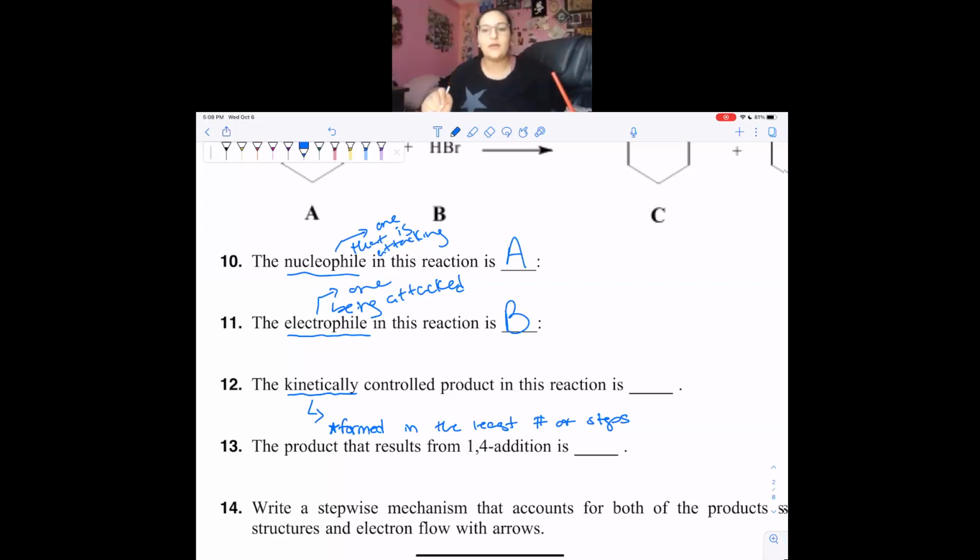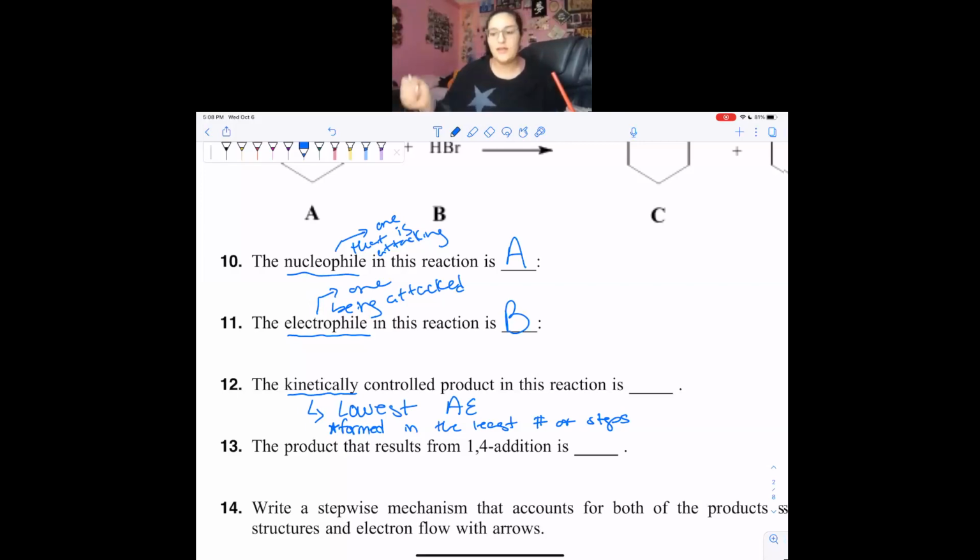And what's the other part of this? Let's say you were looking at a reaction diagram. How would you be able to tell? Yes, it has the lowest activation energy.